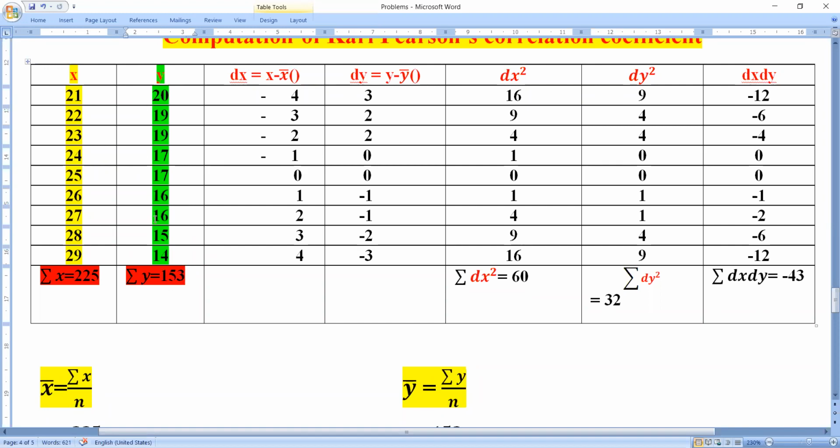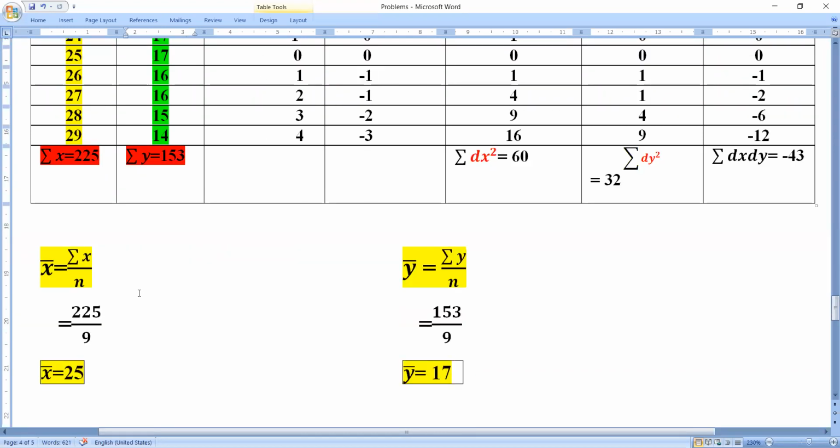This is the sum total of the Y series, indicated by sigma. Sigma is nothing but sum, and sum means total. So sigma Y equals 153.